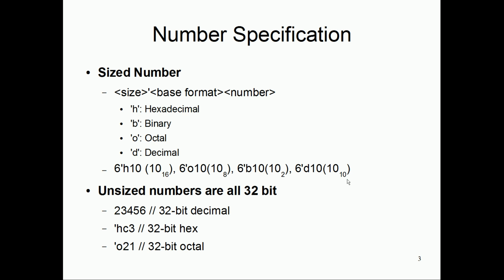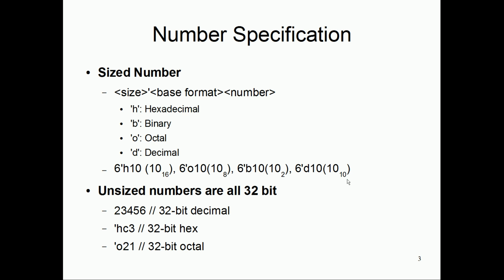Now there are number specifications. This is special compared to many other traditional languages, since Verilog needs to deal with very low-level number formatting, which usually is hexadecimal, but can be binary, octal, or decimal.